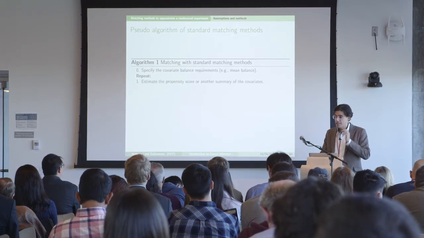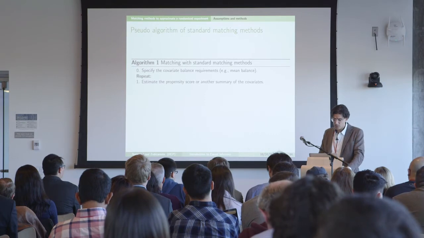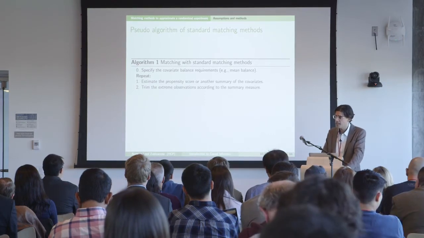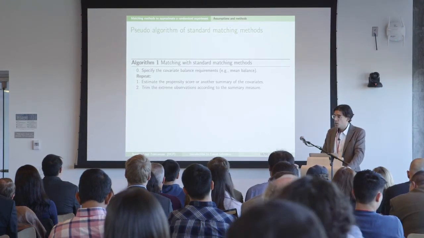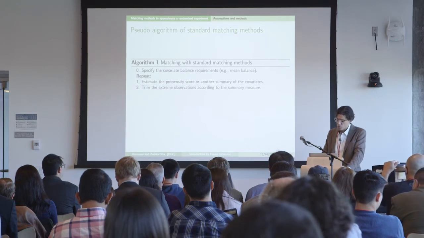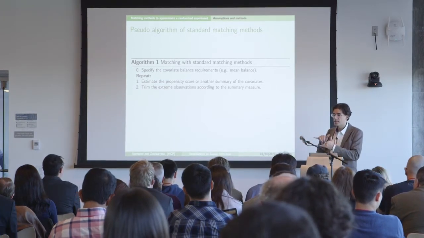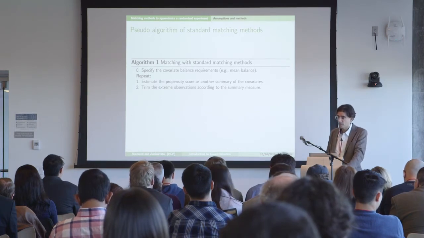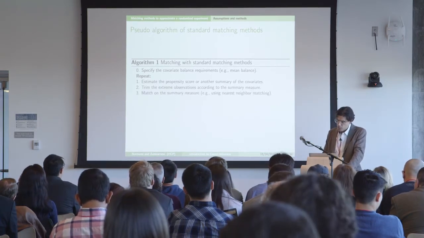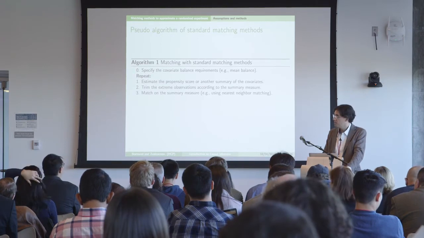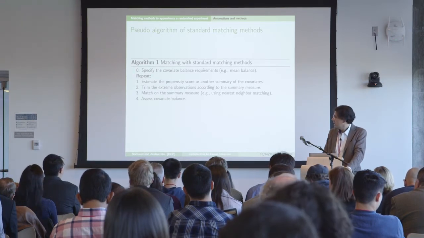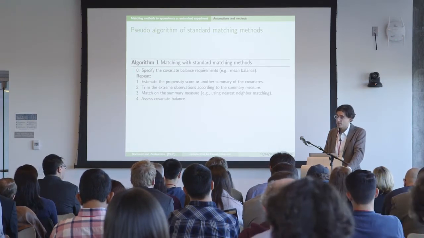We estimate the propensity score, the Mahalanobis distance, or something else, and with those distances, we often have to trim the observations according to whether they overlap or not based on the estimated propensity score. Then we match on this summary measure, for example, using nearest neighbor matching, and then we assess covariate balance.